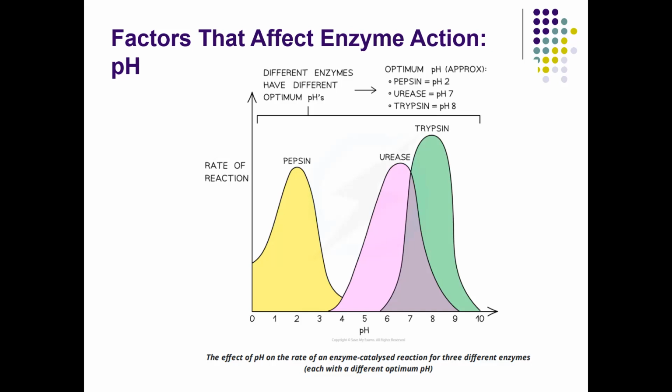As you remember, in the 3D structure of the protein, the R groups contribute to the folding of the protein because they have different charges. So if the charge is changed because the pH of the solution has changed, the 3D shape of the protein can also change. When the shape changes, the active site cannot bind to the substrate again, and the enzyme becomes denatured.